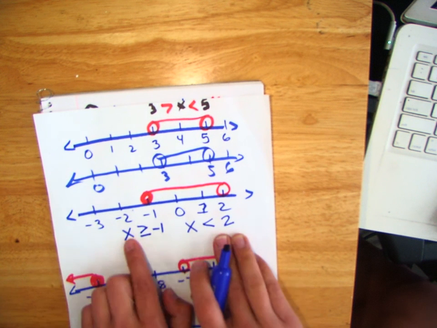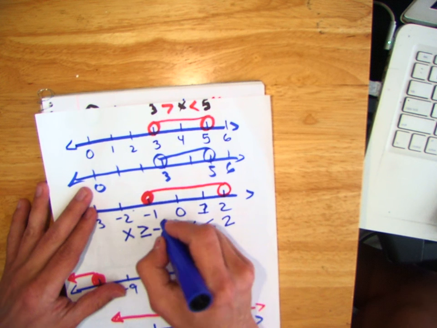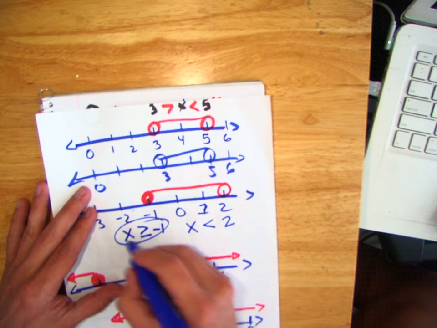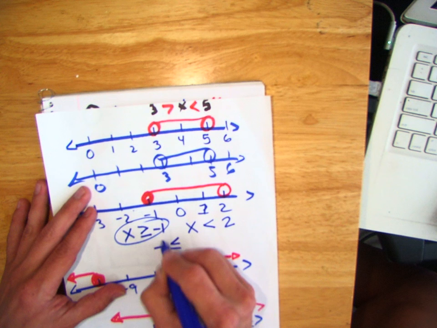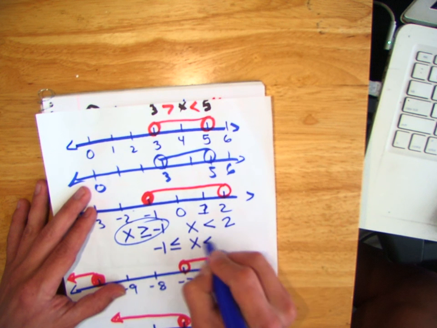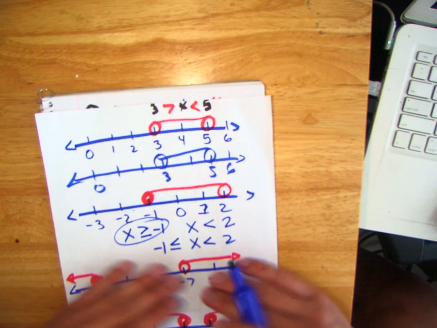So now if I want to match this with this inequality, I got to flip it. So it's going to go over here, it's going to switch, and the -1's going to be there, and then you just drop everything down. Drop it like it's hot, drop it like it's hot. And that's it. See it? All right? Kind of easy.